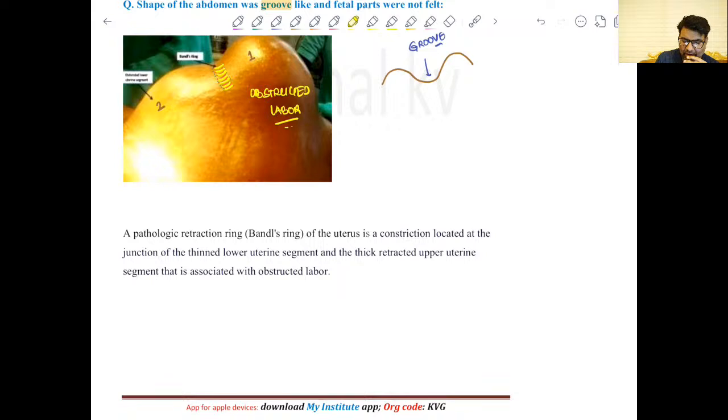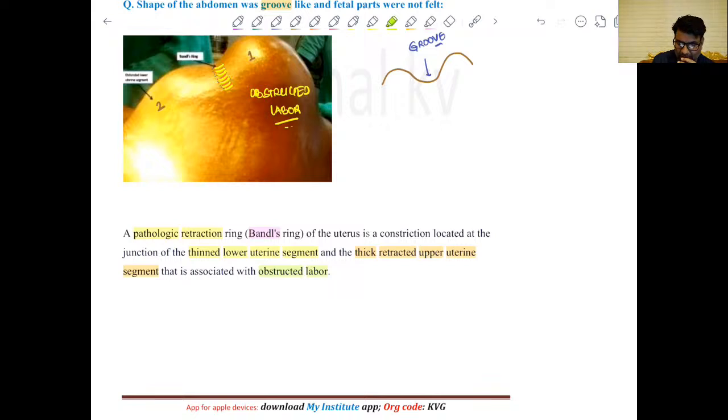So Bandl's ring, which is also known as a pathological retraction ring, is a ring which is located at the junction of the thinned lower uterine segment and a thick retracted upper uterine segment. So at the junction of the two, and this is especially seen in cases of obstructed labor, right?